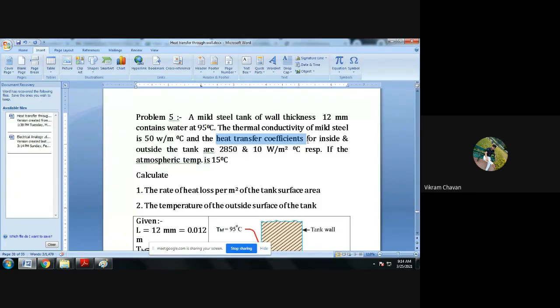In that case also we require the constant of proportionality, that is the convective heat transfer coefficient. So those two constants are provided, and they are equal to 2850 and 10 watt per meter square degree Celsius. And the outside atmospheric temperature is provided.